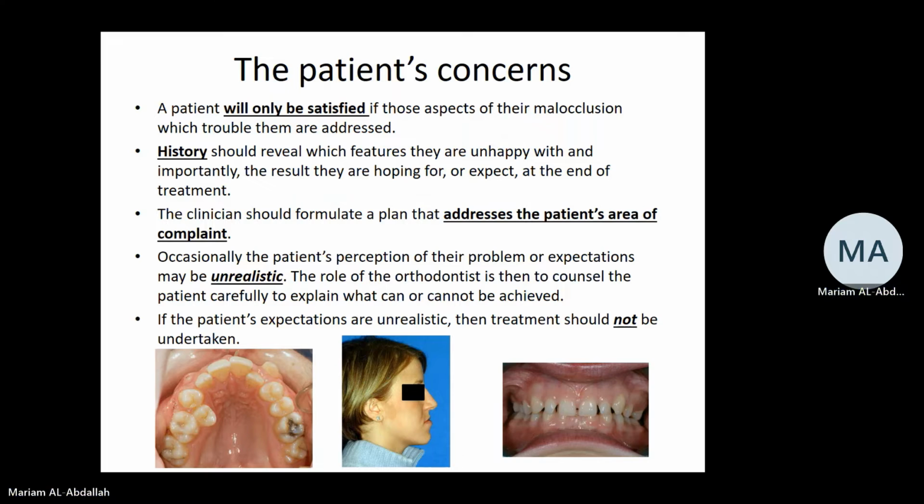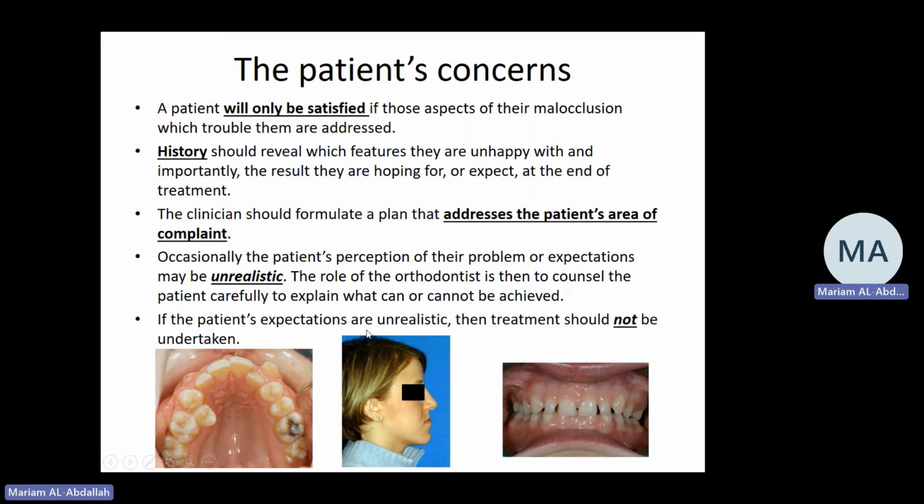Now, most of the time, their chief complaint is realistic, so they can point out a certain problem and it's there. So this is good. But sometimes the patient's chief complaint and expectations are unrealistic. It doesn't make sense.